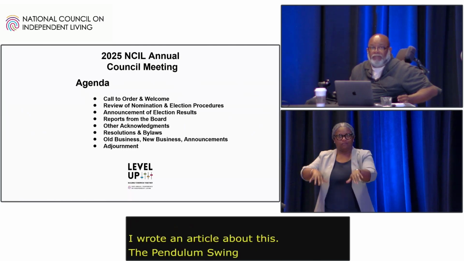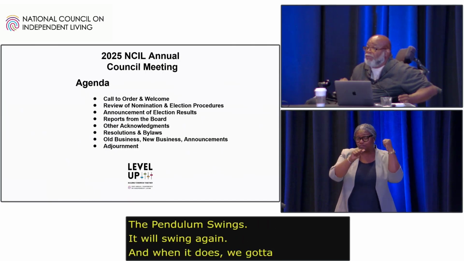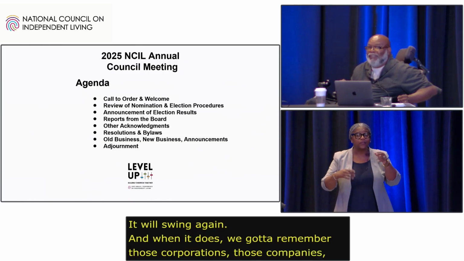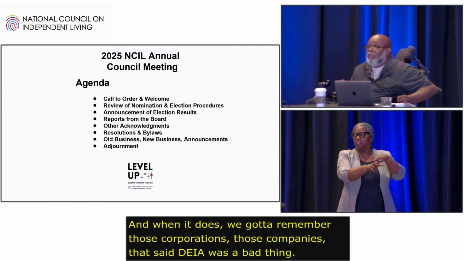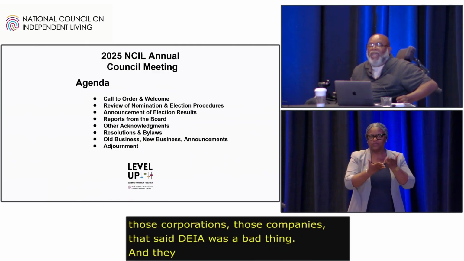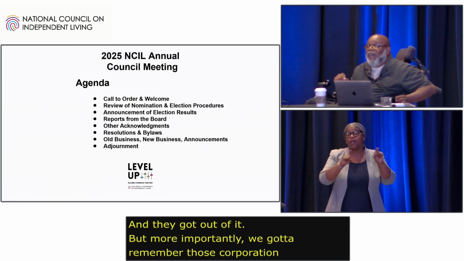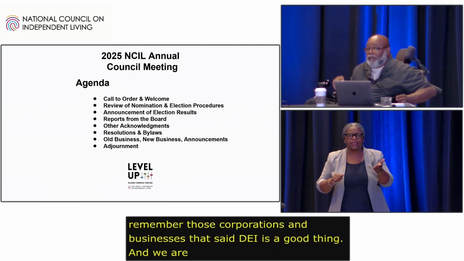The pendulum will swing again. And when it does, we got to remember those corporations, those companies that said DEIA was a bad thing, and they got out of it. But more importantly, we got to remember those corporations and businesses who said DEI is a good thing, and we're not going to change.